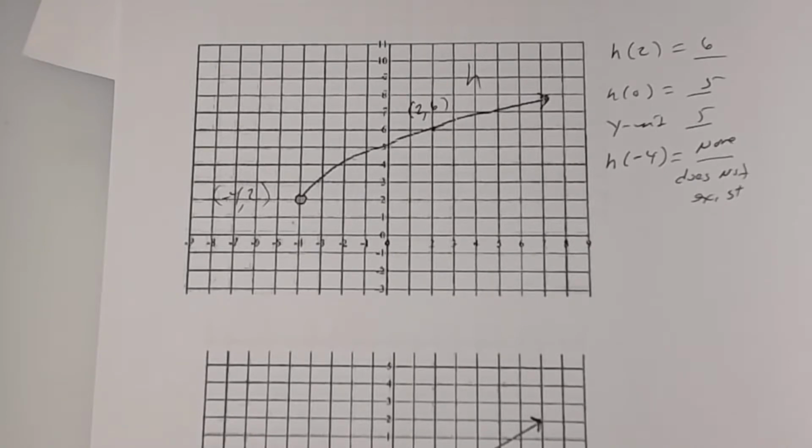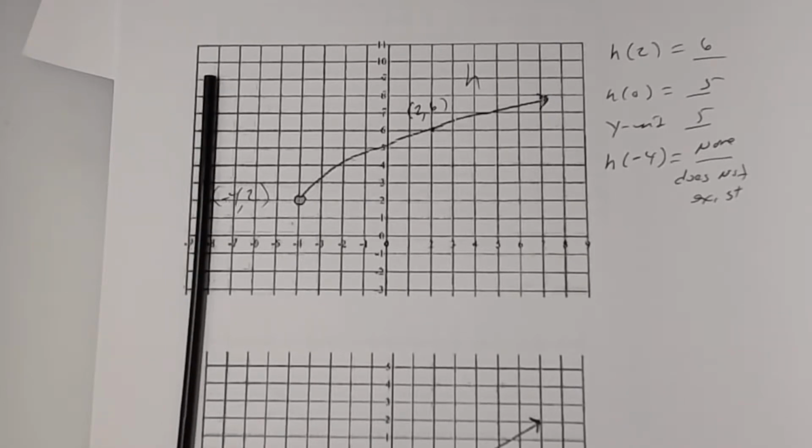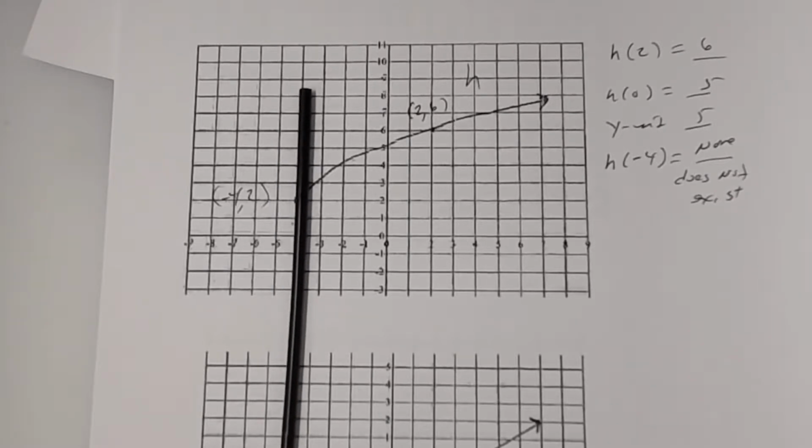Okay? All right, now let's talk about the domain and range. All right, so to find the domain, I'll go along which axis? X-axis, right? Domain is a set of x coordinates. So is this where I start touching the graph right here? No, I start touching the graph when I get to this open circle, right?